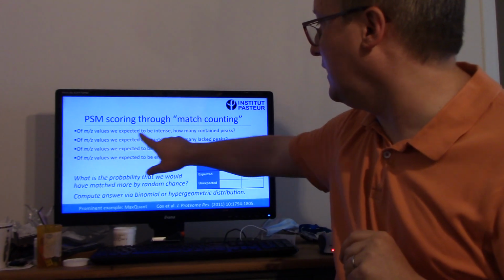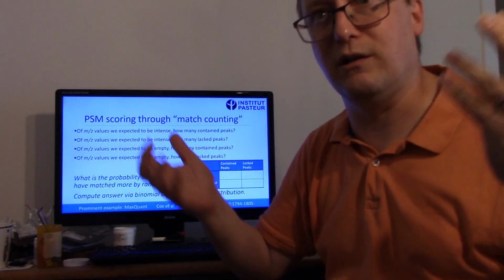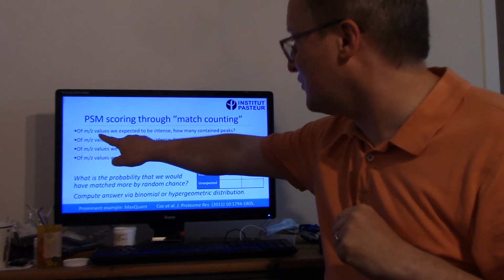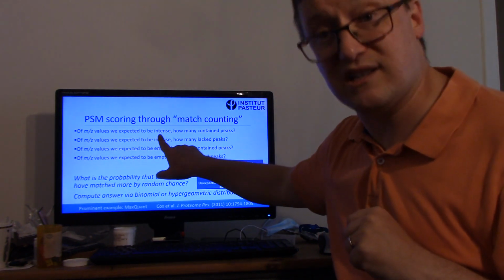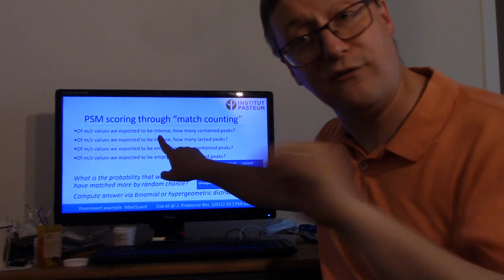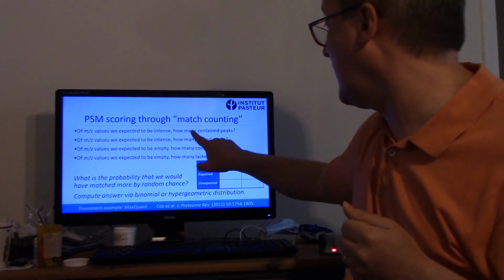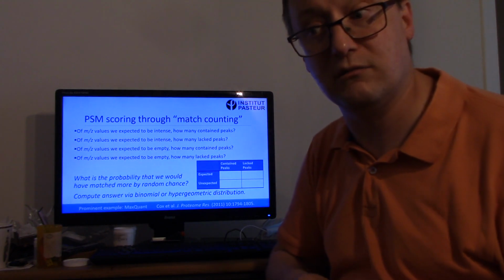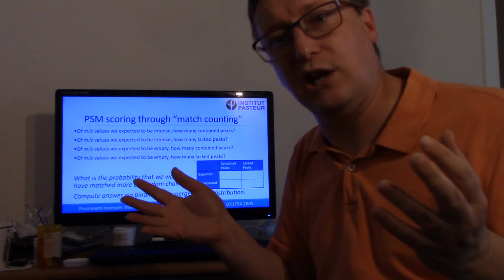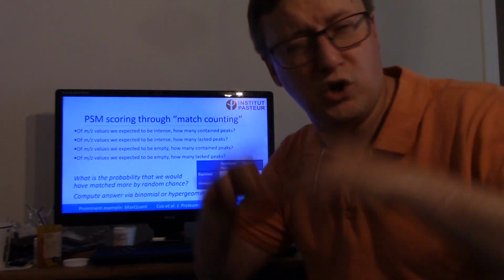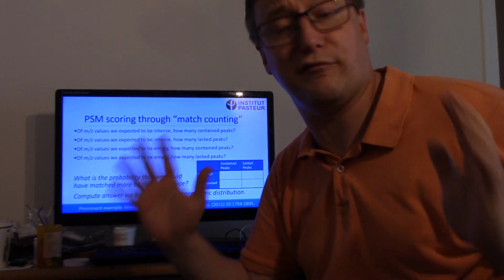So when we do our assessment of a match, we're going to say of the M over Z values that we expected to be intense, which is to say at every location where we expected to find a peak given this sequence, how many of them contained peaks? So it might be that this particular peptide, when it breaks, should produce something like 20 different fragment ions.